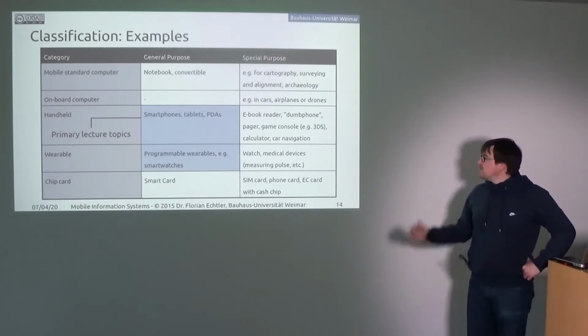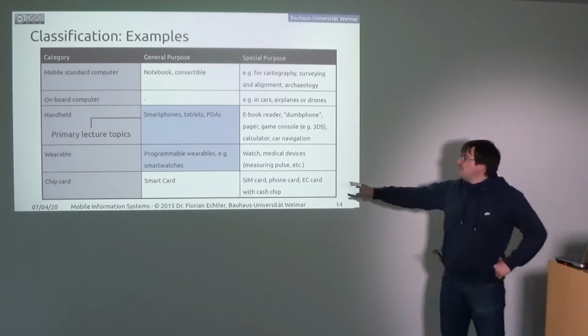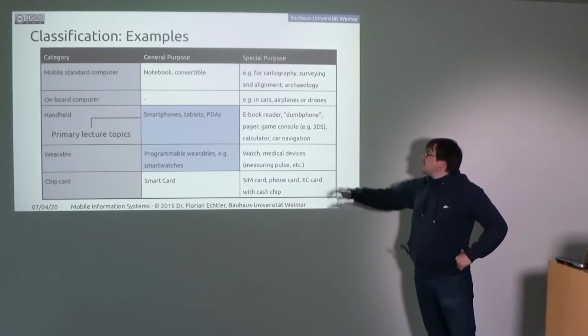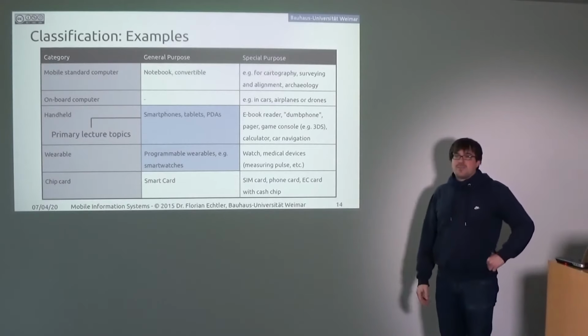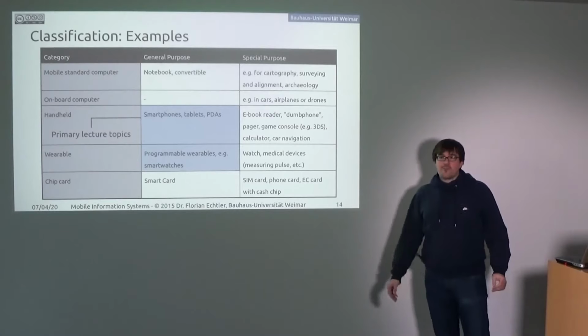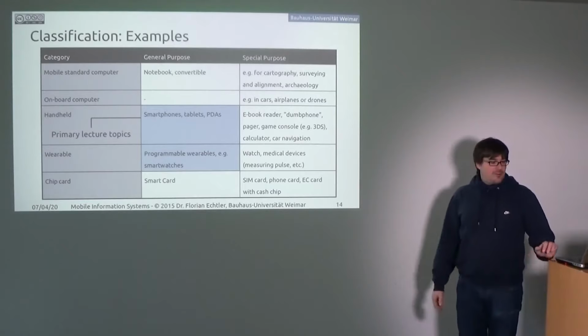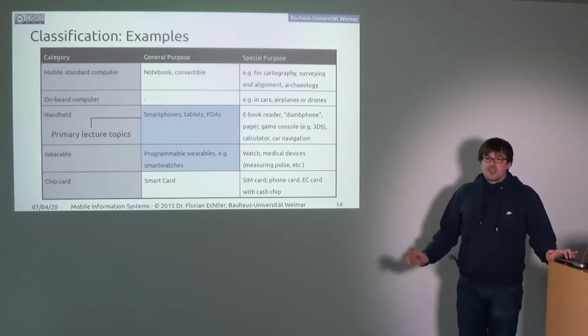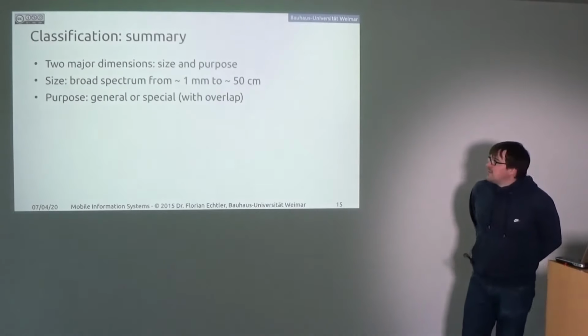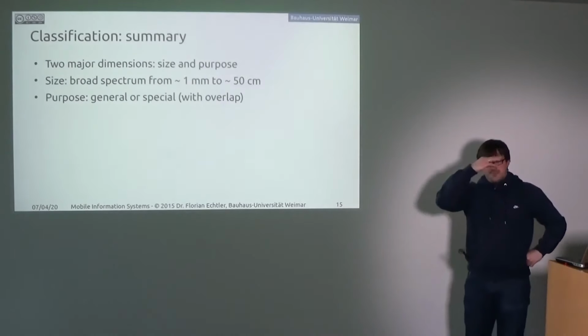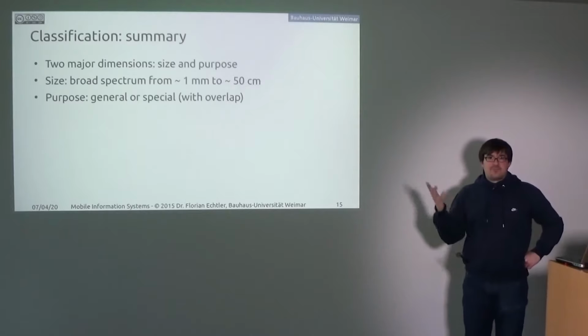Of course, there's also quite a big area of special purpose wearables, for example medical measurement devices, or just a plain old watch is also a special purpose wearable, but that's not going to be our main focus. So, all right, to summarize, we have two major dimensions we're going to use for classifying mobile devices, the size and the purpose.